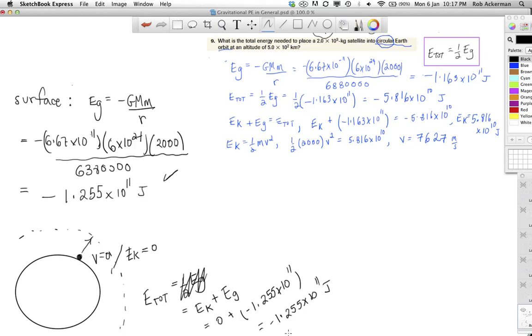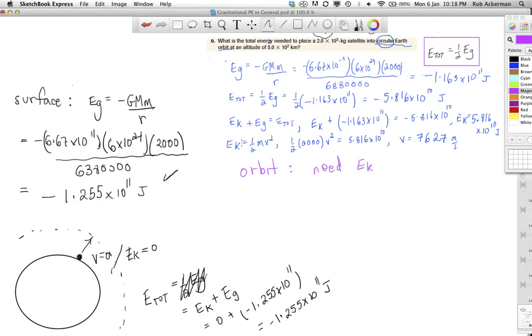But I want to get up to a place in orbit where I'm going to have a lot higher energy, as in a less negative energy. What do I have to do to get into orbit? Well, I'm going to show you this in a different color so that you can keep everything straight. In orbit, I'm going to need EK. How much EK do I need?